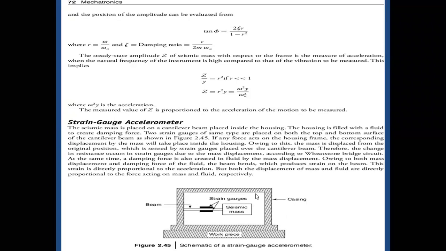Suppose the casing is completely filled with a fluid, which may be viscous or non-viscous. In the center of the fluid we have a mass supported by a beam, which is called a cantilever beam. Over the cantilever beam we place two strain gauges, the above one and the one beneath the shaft.